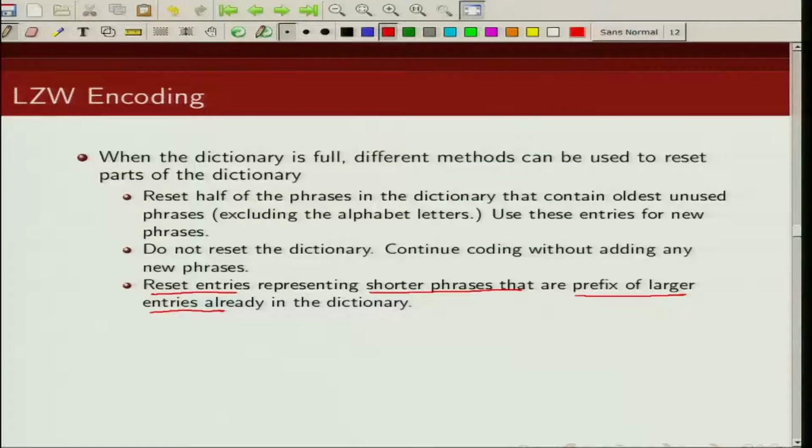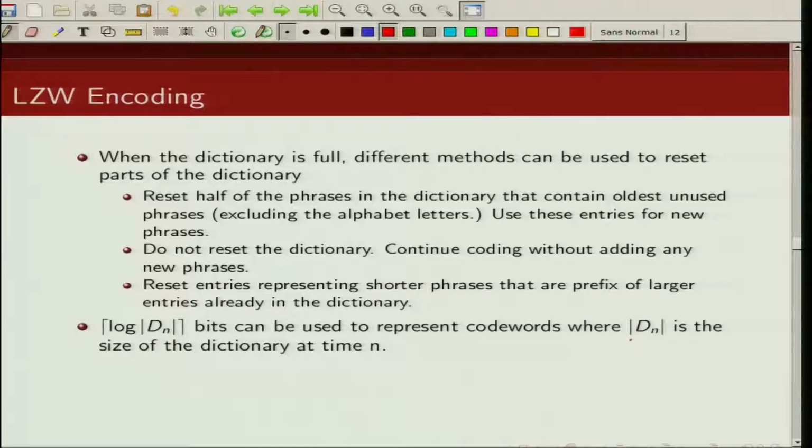So for example, if you encounter 01, and if 0110, 0111, 0100, 0101 are already there in the dictionary, then there's probably not much point keeping 01. So that's what I meant when I said reset entries representing short phrases.